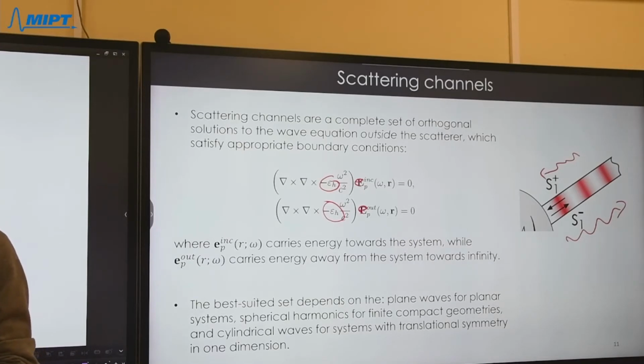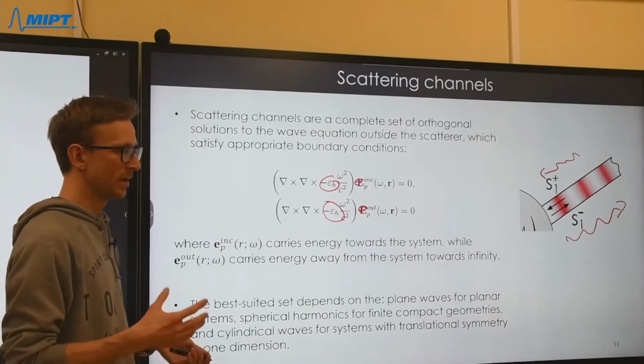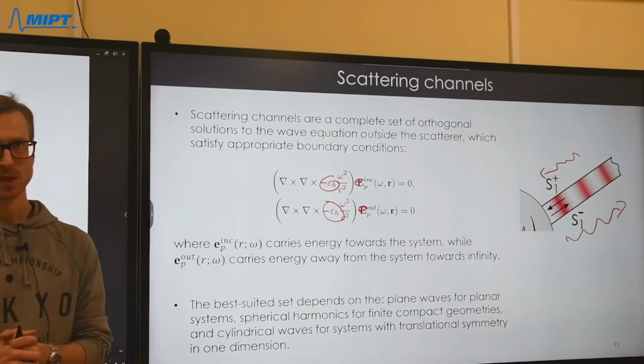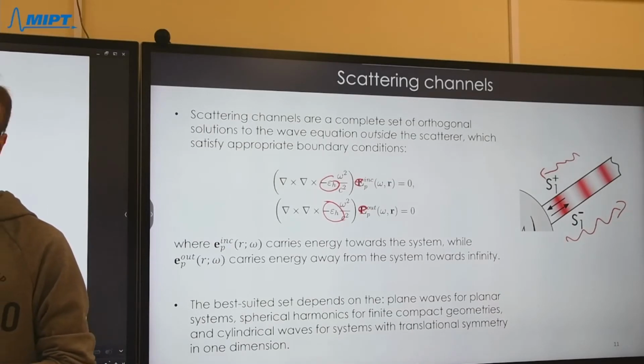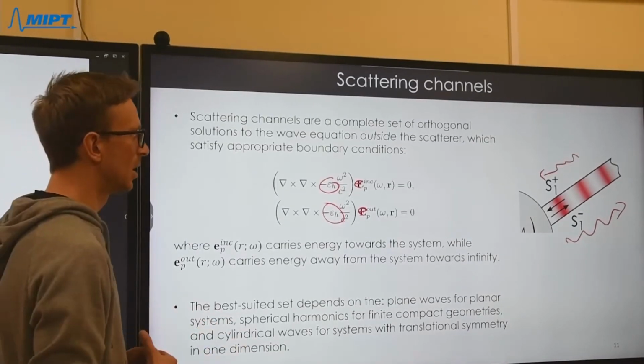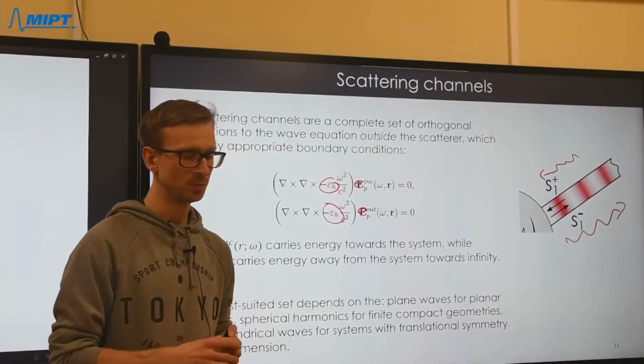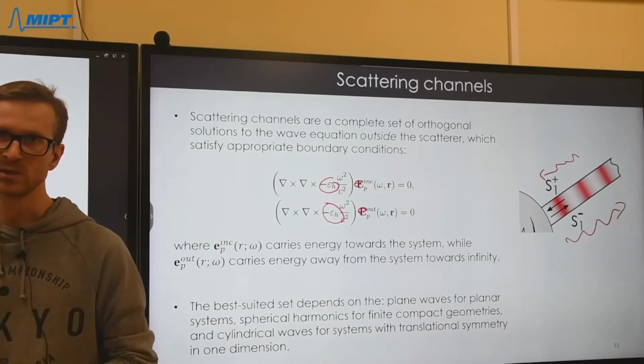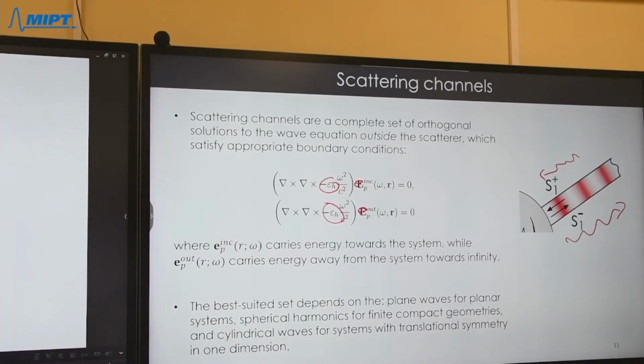For a system with only one translationally invariant direction, like a cylinder, it is a set of cylindrical harmonics. And for a system lacking any translationally invariant dimensions, a compact object like a nanoparticle, a sphere, a cube, it is convenient to work with a set of spherical harmonics.